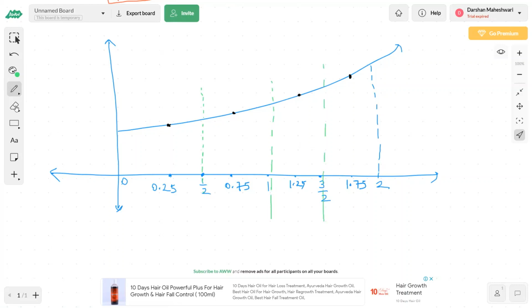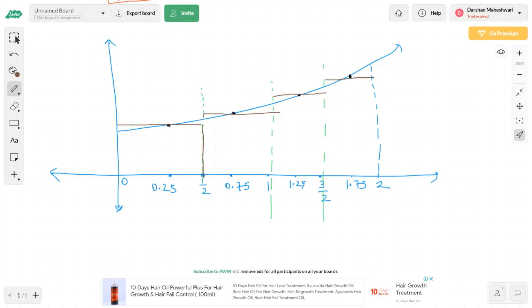Now, what we do is we draw a horizontal line such that it passes through the midpoint. So this is the horizontal line which is passing through the midpoint. This is 1, this is 2, this is 3, and this is 4. All right, so what we do is we just drop them down.